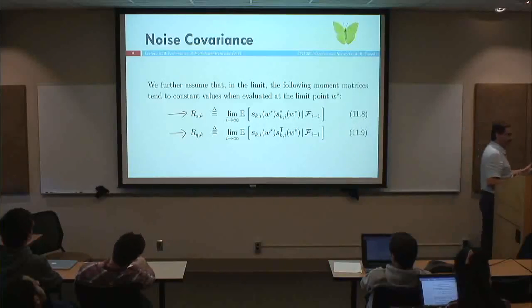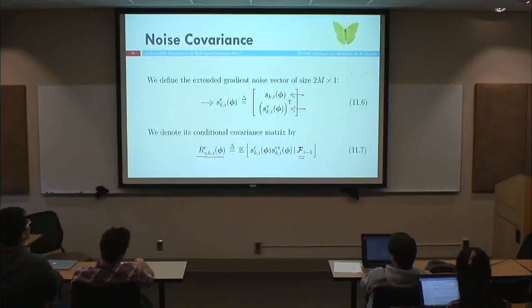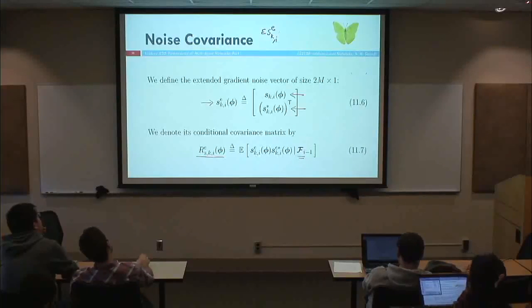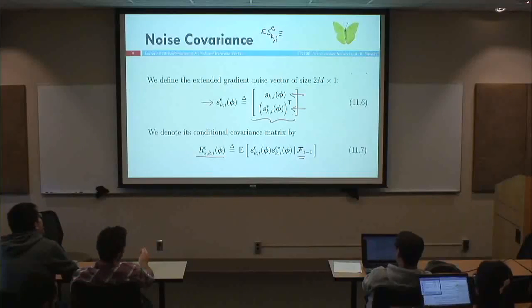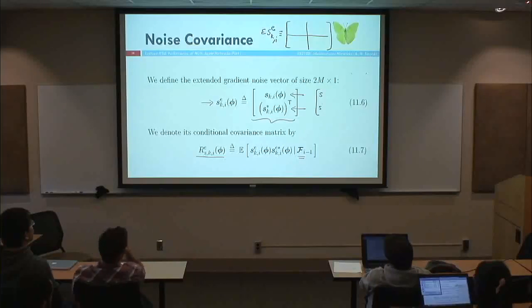So in the limit, these are the limits of these covariances. I'm calling them R_S at agent K and R_Q at agent K, because if you go back to the definition, what is the covariance of extended S at any time I? It will be the expected value of this vector times its transpose, so a 2 by 2 block matrix. Let me write this compactly: S star transpose, multiplied by the star of that. So S star, S transpose under expectation.